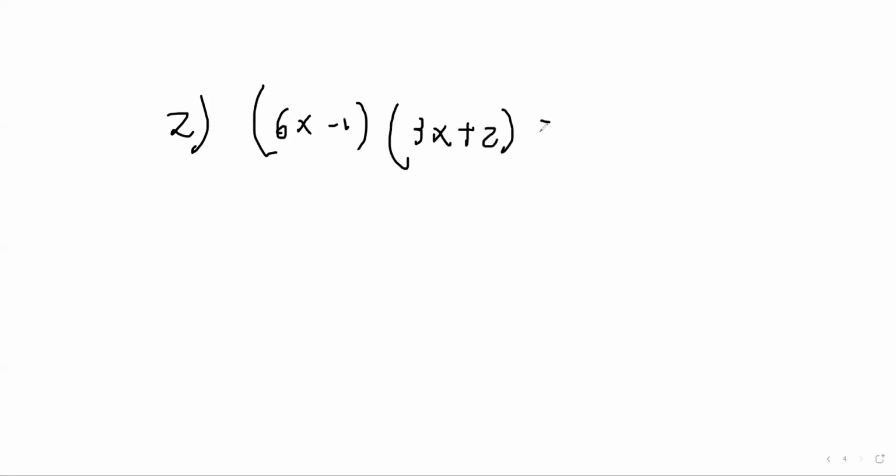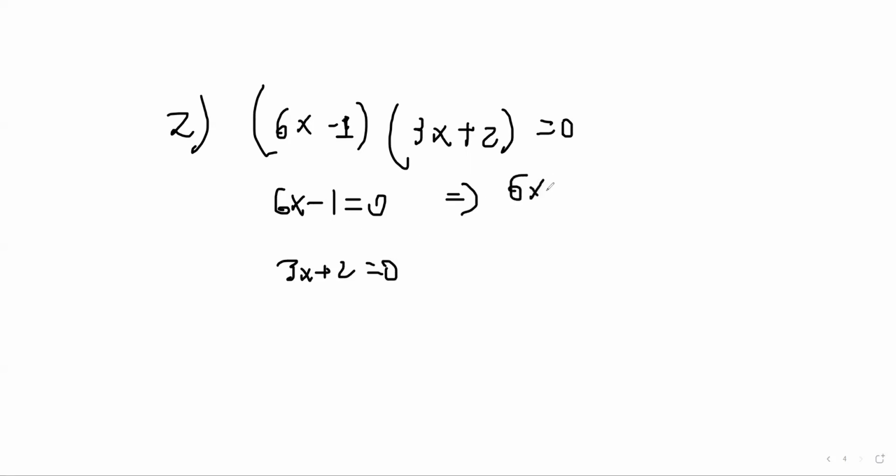Let's do another one, another type. For example, let's suppose we have (6x minus 1) times (3x plus 2) equals 0. Again, according to the null factor theorem, we are going to get 6x minus 1 equals 0, or 3x plus 2 equals 0. So let's solve this. First of all, 6x minus 1 equals 0.